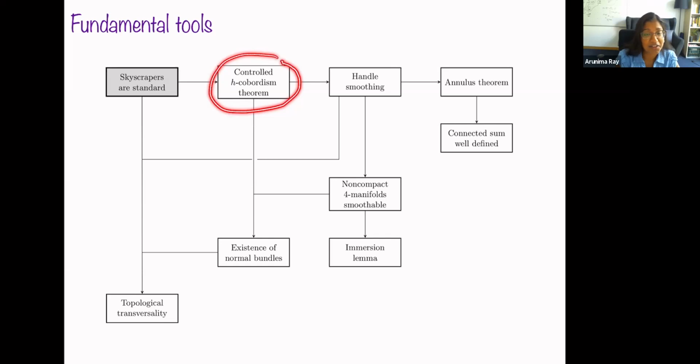Now, I said nothing at all about what goes into the proof of the non-compact Disc Embedding theorem, but the idea of the proof is very similar to the proof of Freedman's Disc Embedding theorem. It's just that you have infinitely many disks, so you have to keep track of what's happening to all of those intersections. You saw in the proof outline that we were doing things very explicitly, pushing points around and tubing things and so forth. If you have finitely many disks, this is not so bad because you just do them one at a time, and in the end, you fix all your intersections.